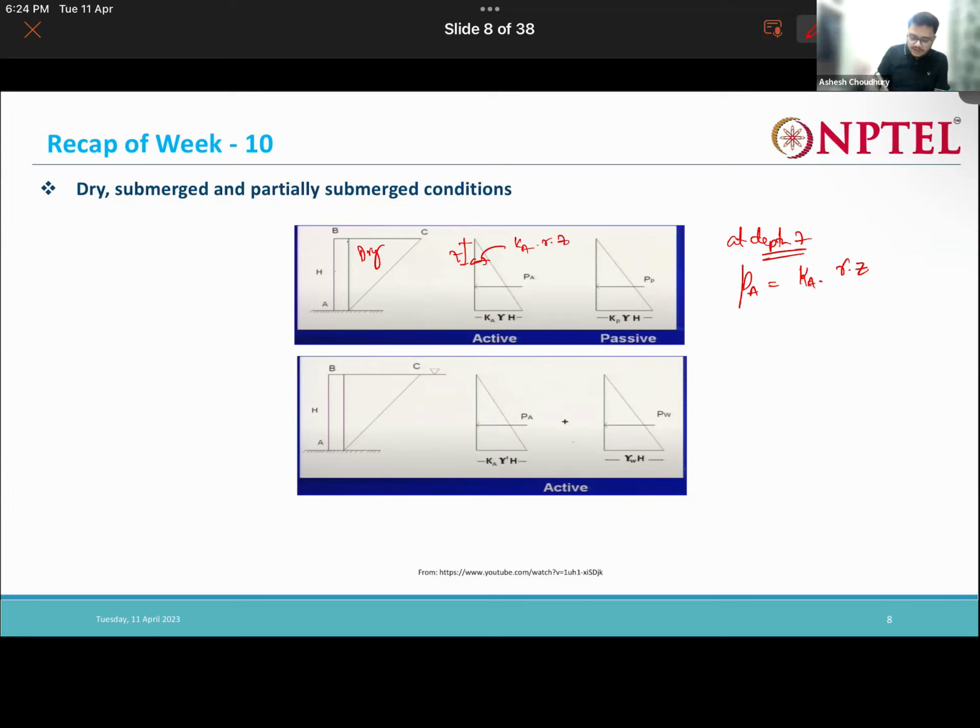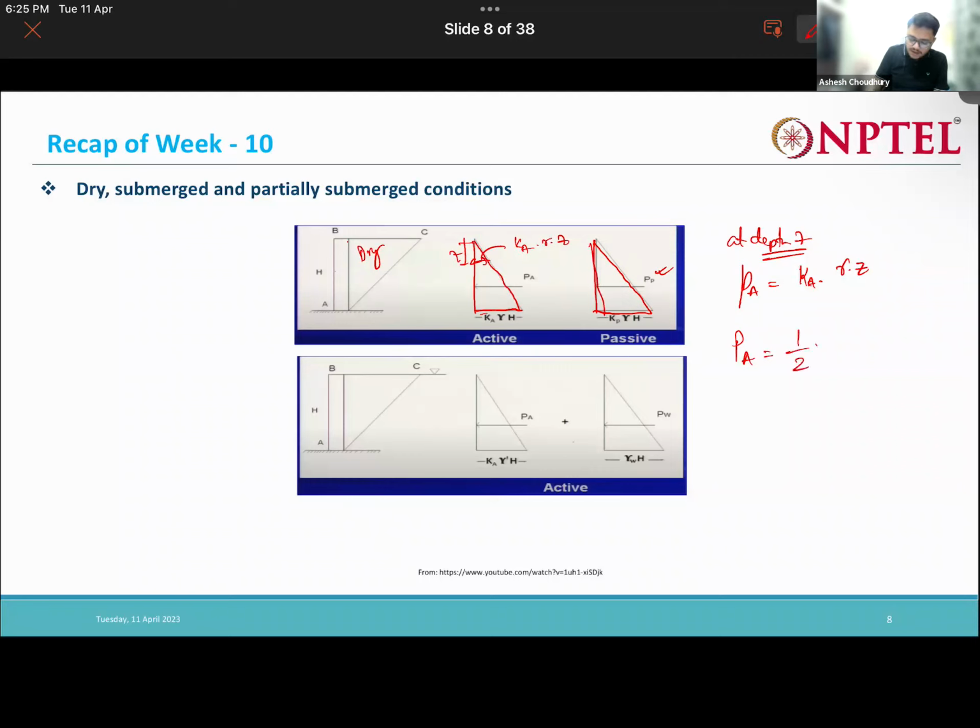Same case with the PP, and obviously we will be getting a triangular variation of stress, similar to hydrostatic pressure. So how to find the total? PA will be nothing but the area of this triangle, and similarly PP.